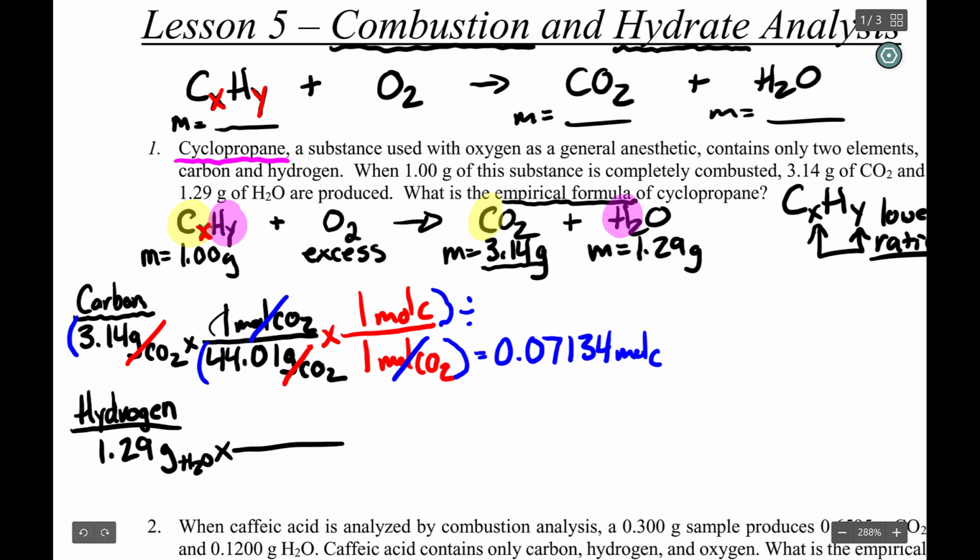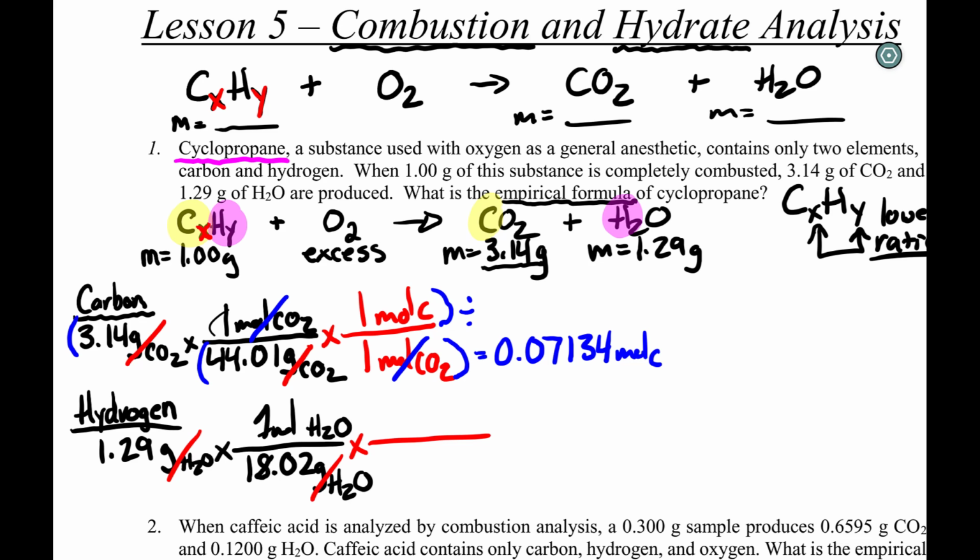and I need to turn that into moles of H2O. So for water, it's 18.02 grams of water for every 1 mole of water. So that's going to give me moles of water. Now I want to turn that into moles of hydrogen. For every 1 mole or molecule of H2O, I have 2 moles of hydrogen.